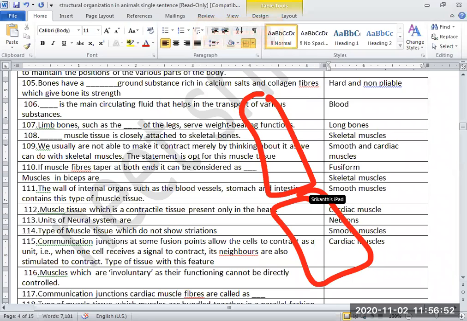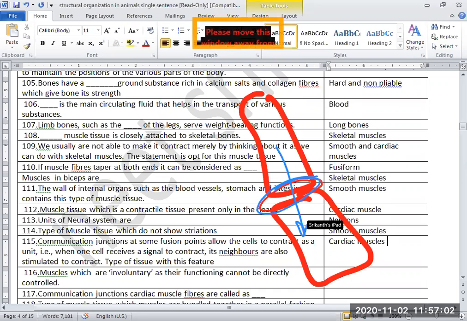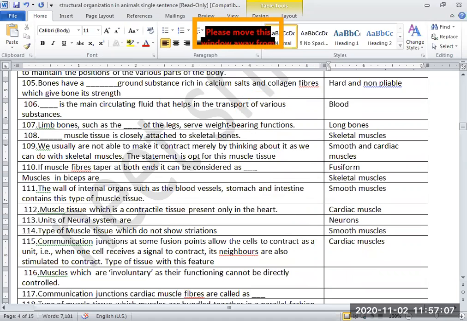The connection between one cardiac muscle and another makes the intercalated disc, which is necessary for the transfer of calcium ions, for the contraction of the muscles from one place to another. If you remember, we'll say it like this.